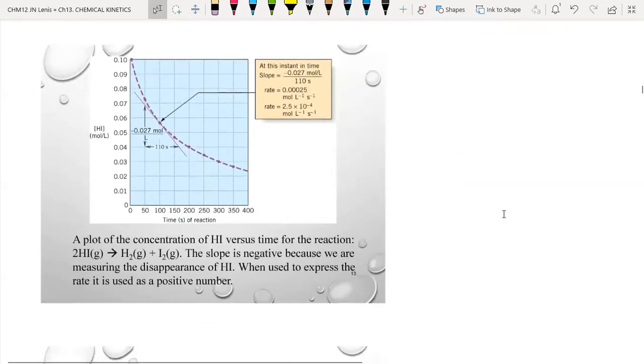This is another example, and it shows the graph of concentration over the time of the reaction here. Notice that the curve represents how the concentration of reactant is disappearing over the time. It's going down.